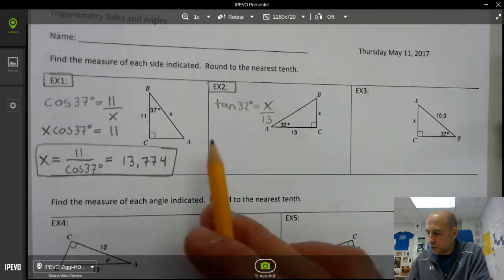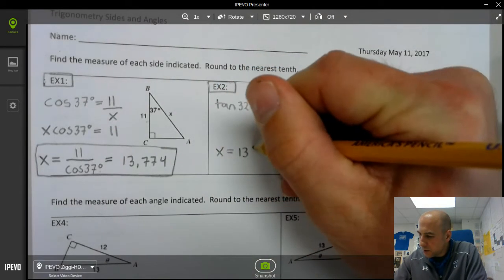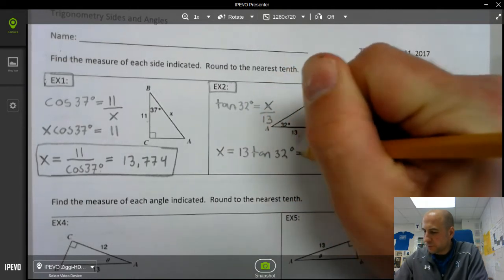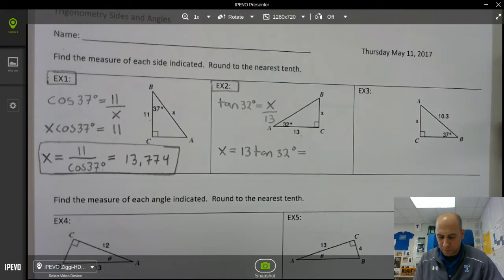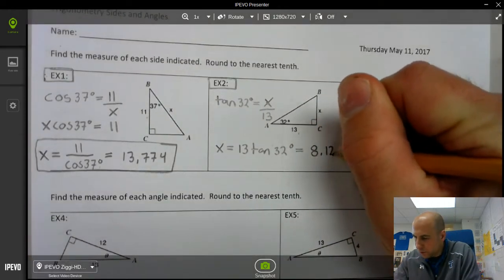So you cross multiply, so you get x equals 13 times tangent of 32 degrees, which is 8.123.